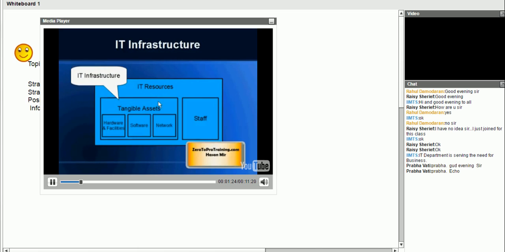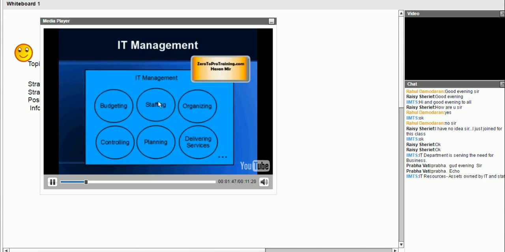So the term IT infrastructure refers to most of the tangible assets that come under the umbrella of IT resources, including hardware and facilities. Software can be considered tangible in this context. Network. Keep in mind that staff, documentation and business processes do not come under the umbrella of IT infrastructure.